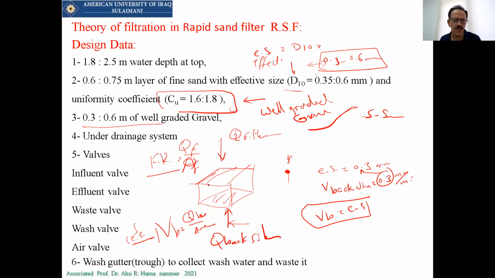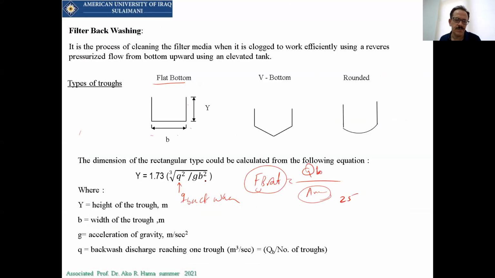Now, why do I need to know that? Because in this equation, this is the Q backwash discharge reaching one trough, and it should be in meter cube per second. So 21,600 meter cube per day divided by 2 is equal to 10,800, right?